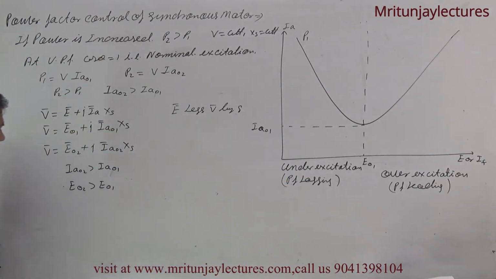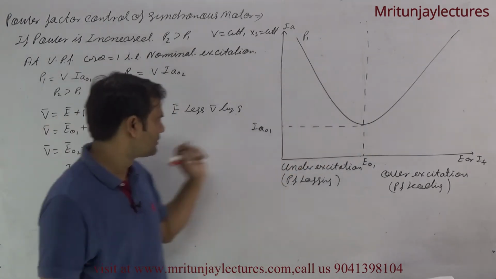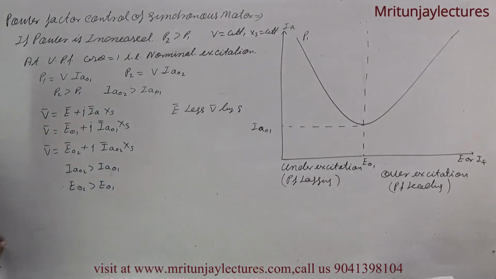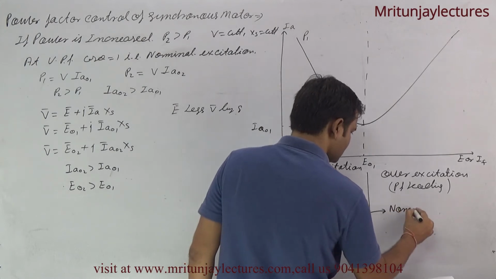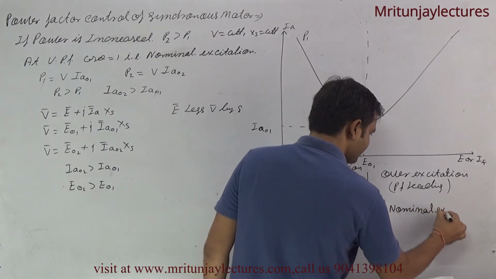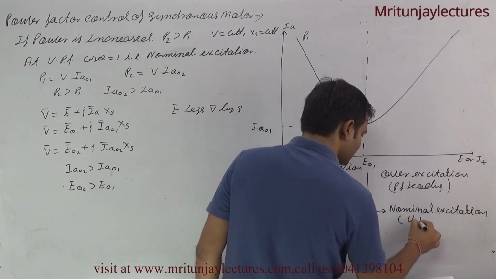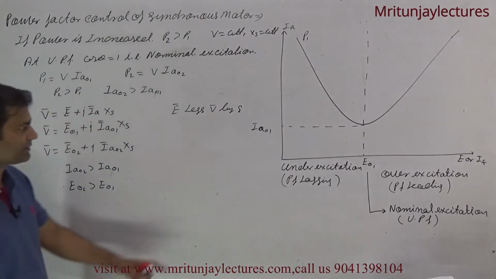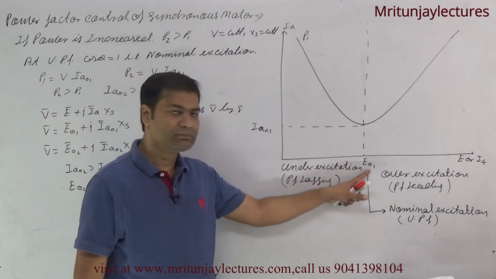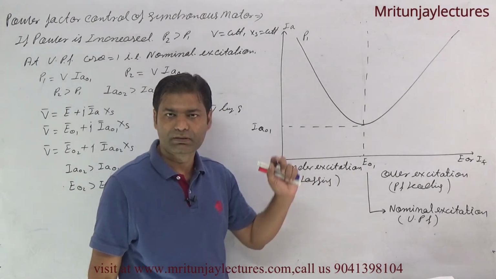Now corresponding to nominal excitation, this is called unity power factor, UPF. Clear? Now corresponding to the current like this one, the excitation voltage EMF is E01.